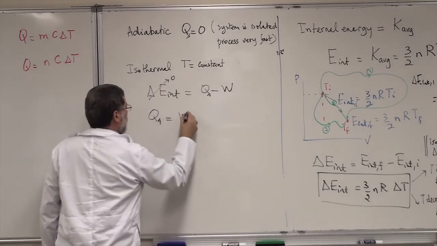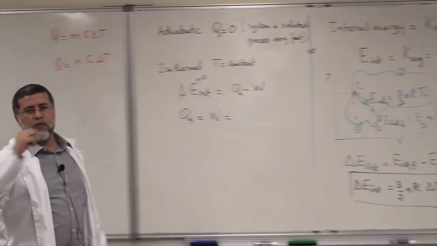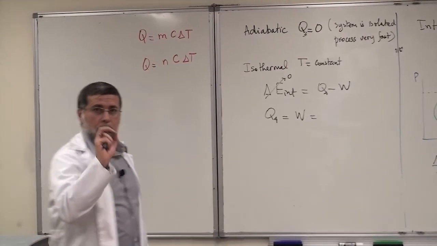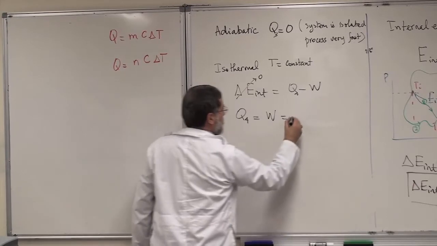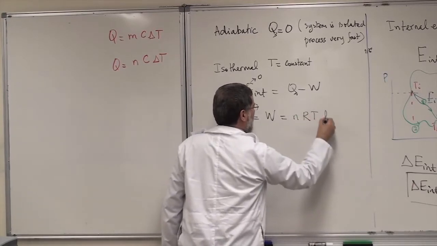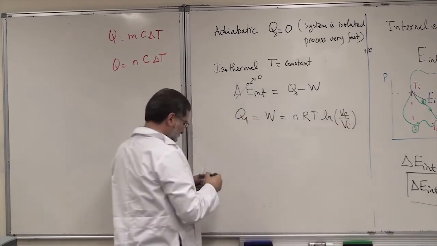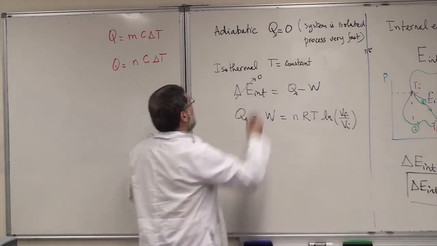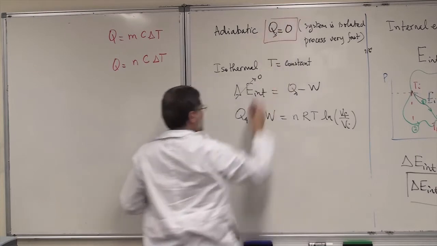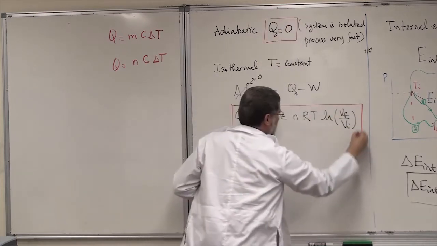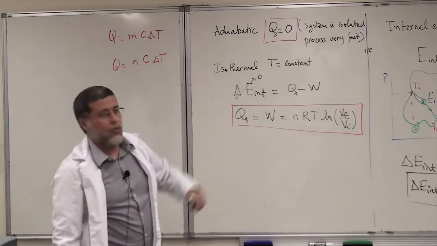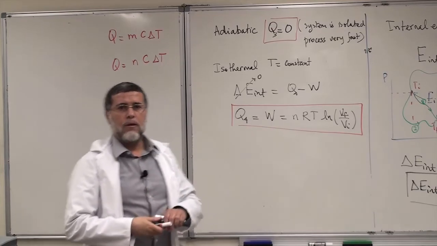Q4 is equal to the work. And remember, go back to the previous video and you see Dr. Salam has proved to you the work for isothermal process. It was nRT ln of V final over V initial. That's the heat for isothermal process. For adiabatic here, it is 0. And those 2 are for the isochoric and isobaric processes.